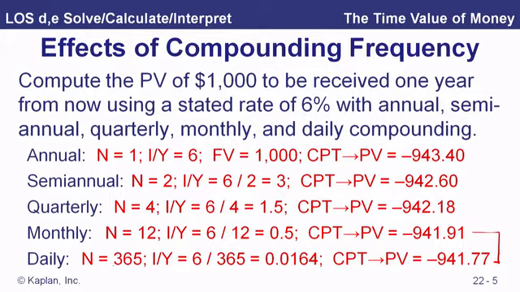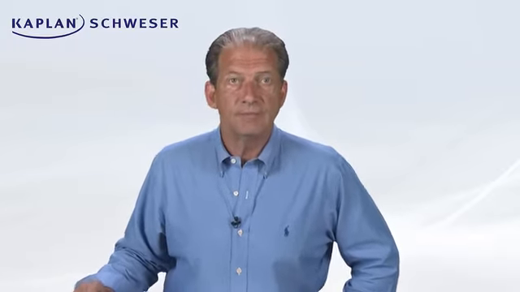So again, n equals 365, our interest rate is 0.0164%, and we compute the present value of 941.77, and in each case, we're implicitly saying that the payment here is zero. There's no money in or out of the account over this 1 year period.